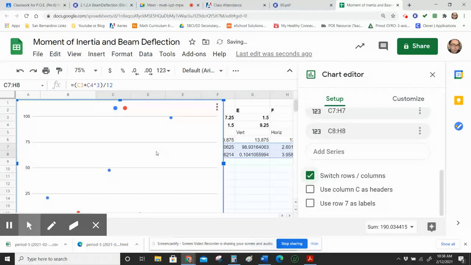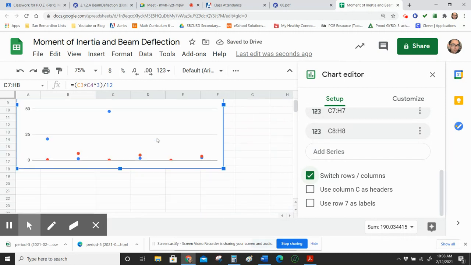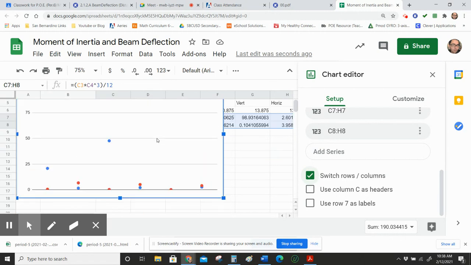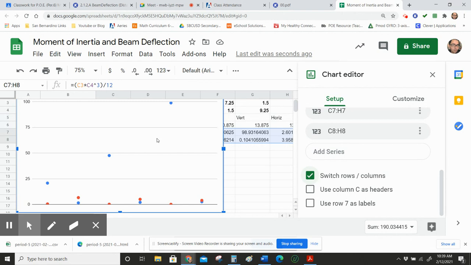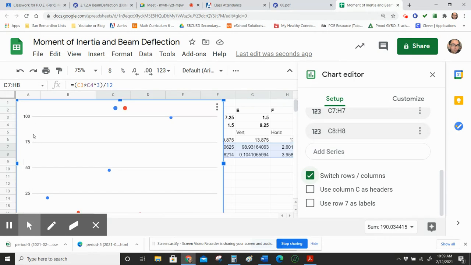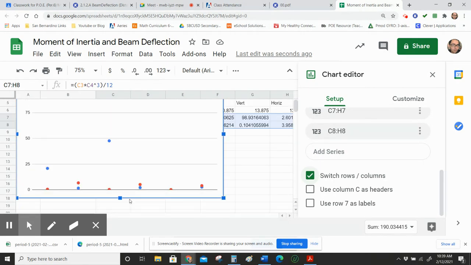And then I clicked on switch rows and columns. And let's see if I can delete some of these dots. It looks like it's all over the place. Yeah, so the y-axis should be going from 0 to 100. That'll be the moment of inertia. And the x-axis should be going from 0 to about 6, something like that.